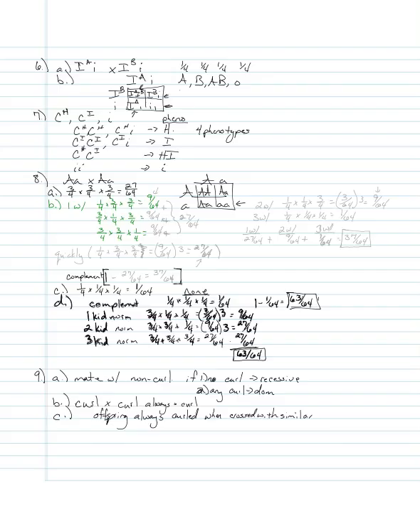So, 64th. The quick way to do that right there is to say the probability of one getting it. So here's the quick way. We can say one normal and two.